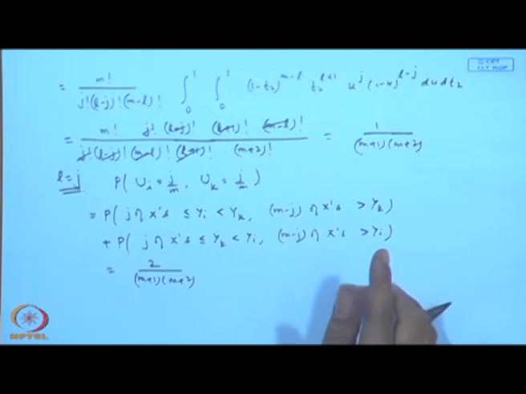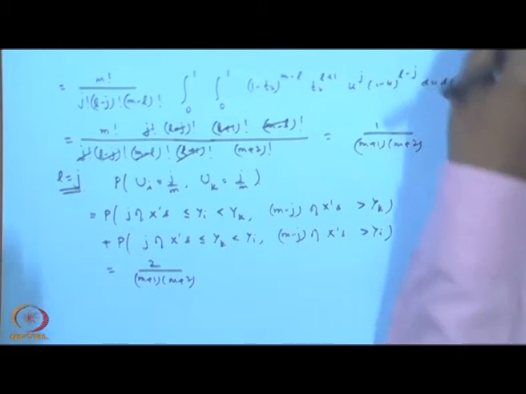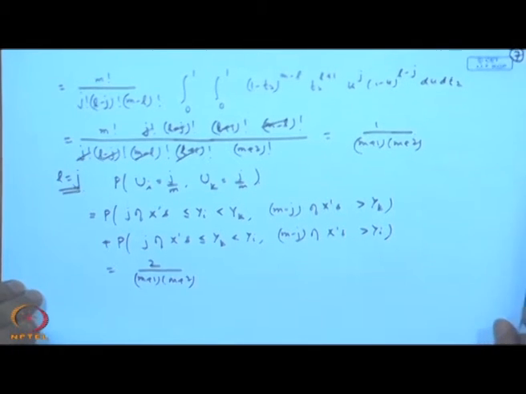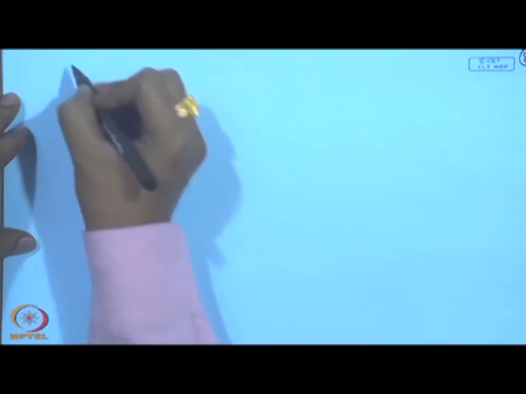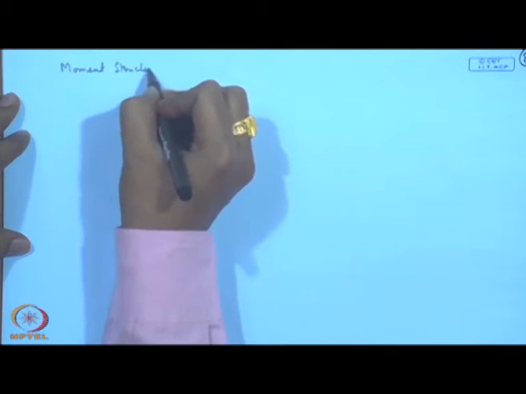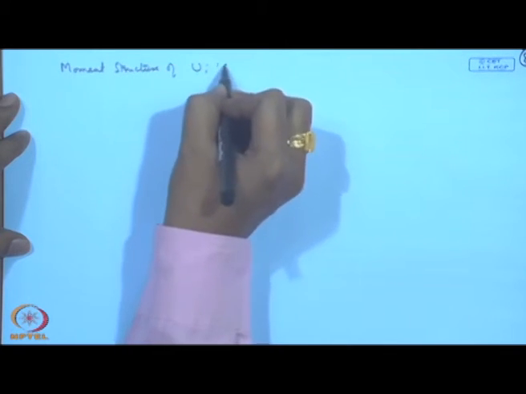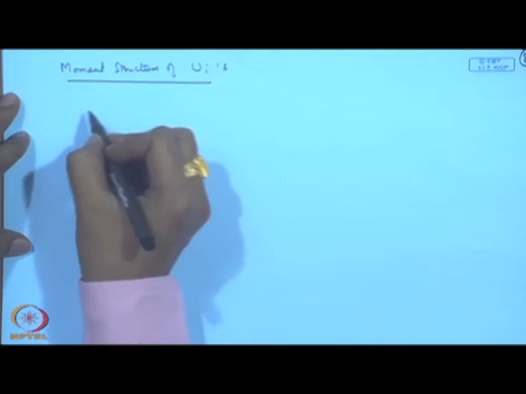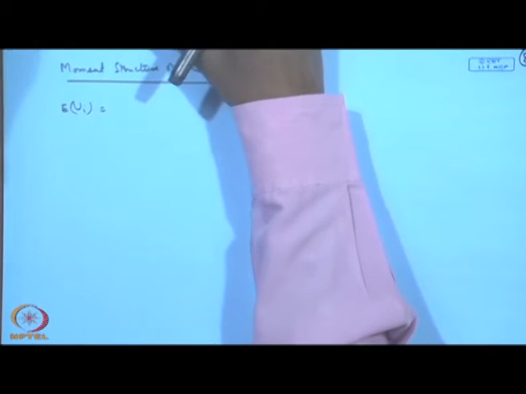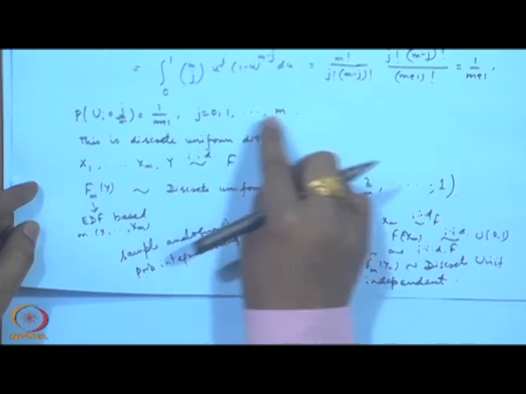Next we consider, say, the moments of this. We consider the moment structure of u i's. So, what is expectation of u i for example? We derived the distribution of u i as simple discrete uniform distribution over the range 0 to m.